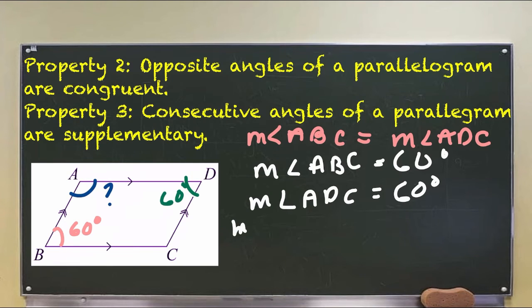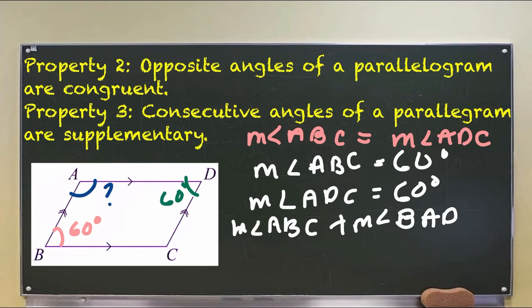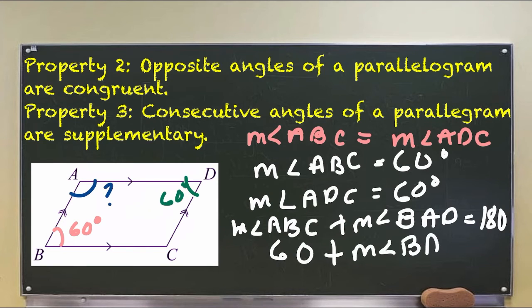So we have M angle ABC plus M angle BAD is equal to 180. Substitute natin yung given na ang angle ABC ay 60 plus measure ng BAD equals 180. Transpose natin yung 60 sa kabila.